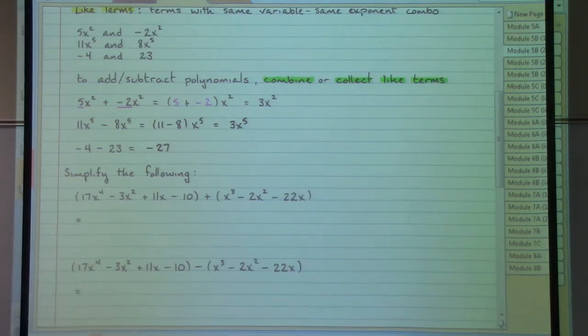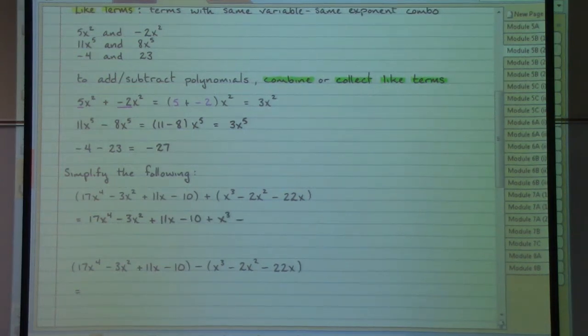So for instance, here in this first example with these longer expressions, what we have without the parentheses in our way is 17x to the power of 4 minus 3x squared plus 11x minus 10 plus x to the power of 3 minus 2x squared minus 22x.